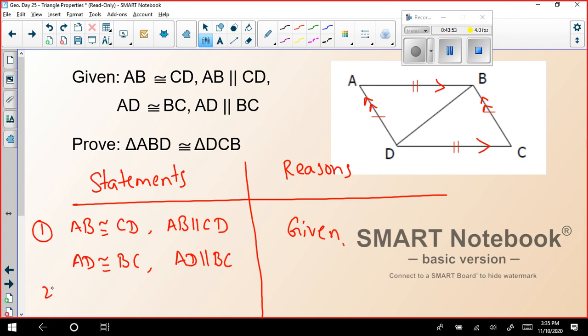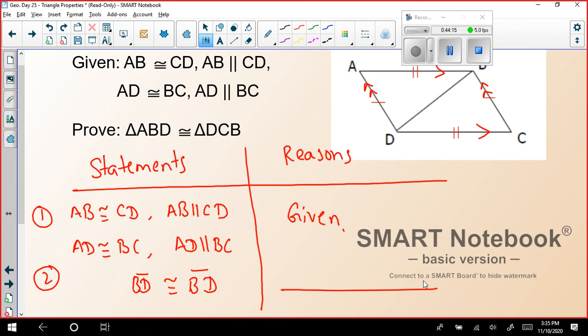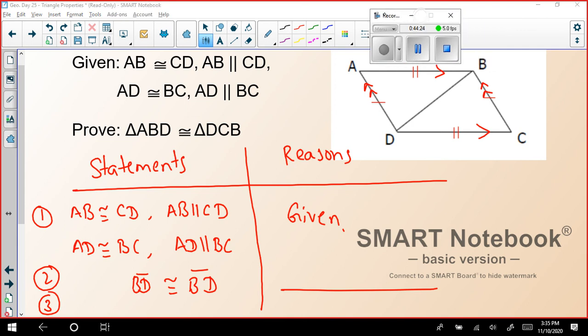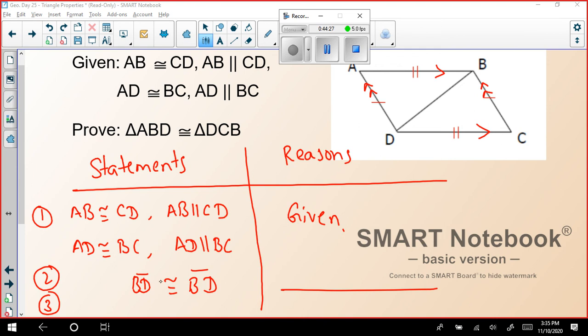The next step, I will say that BD is congruent to BD itself. You give the reason for this. Then the third step, this is a little challenging proof, but I will write the angles which are congruent and you can try to think and write the reason via chat.